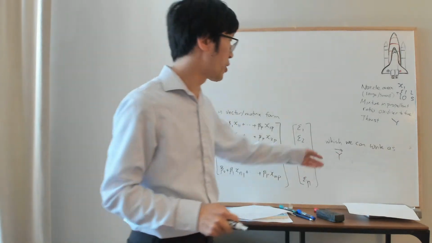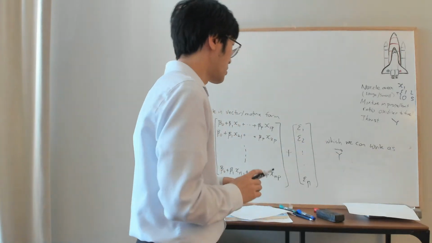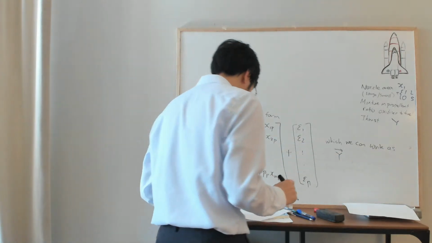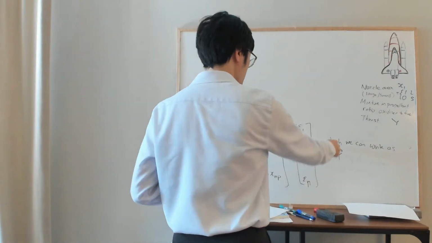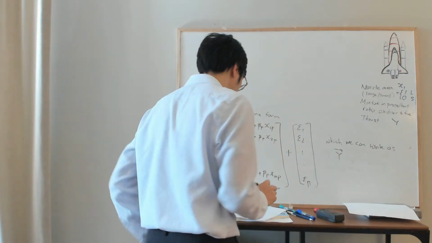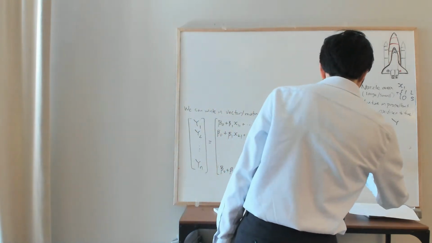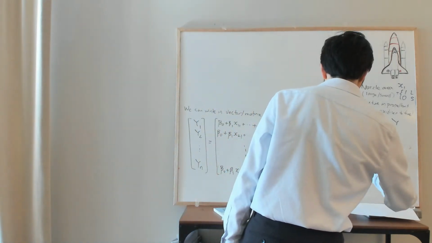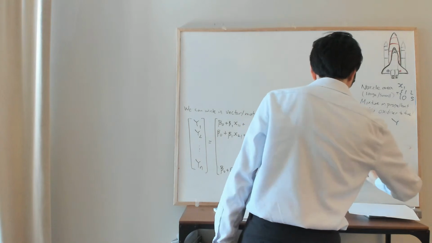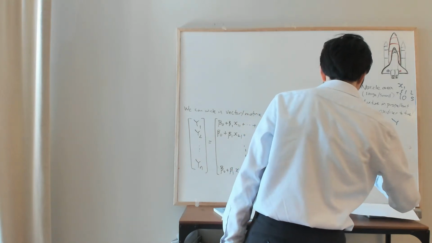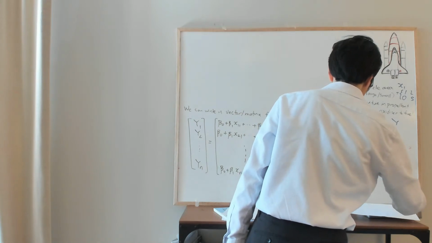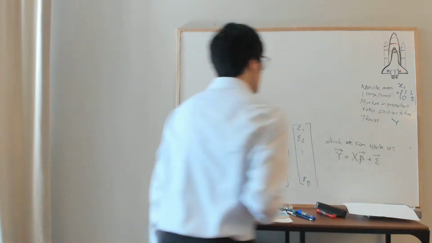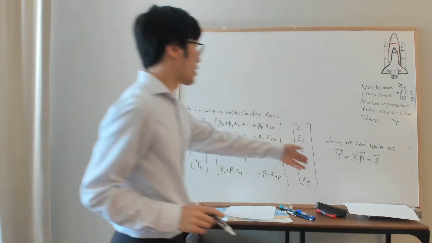Normally, when I type it, I would boldface it, but that might not look as clear on the whiteboard, so I'll use a vector symbol on top. This can be written as a matrix X times a vector of parameters beta plus the epsilon vector.